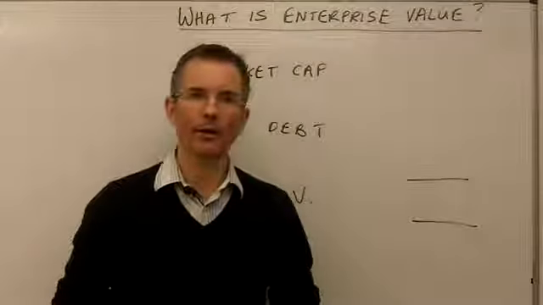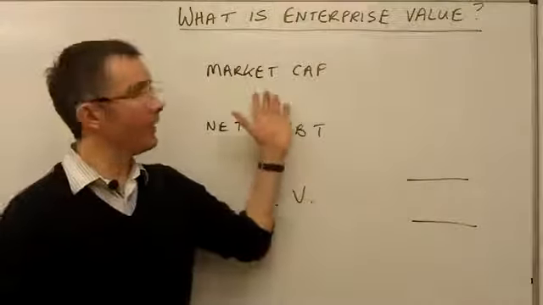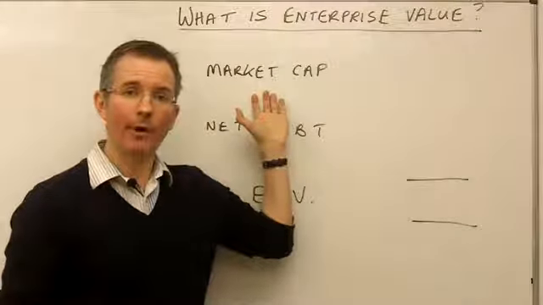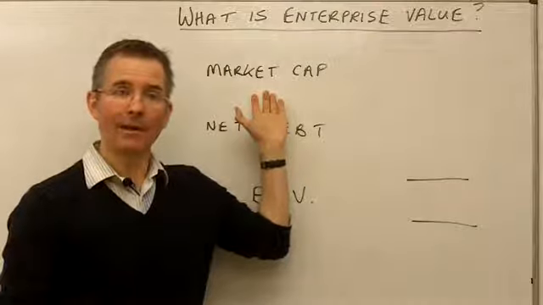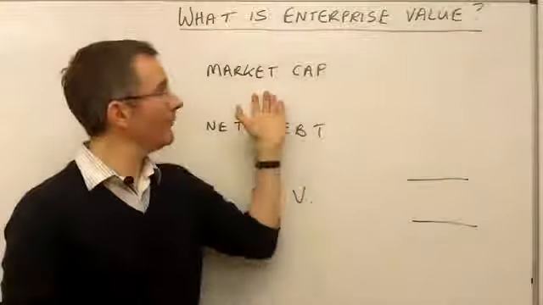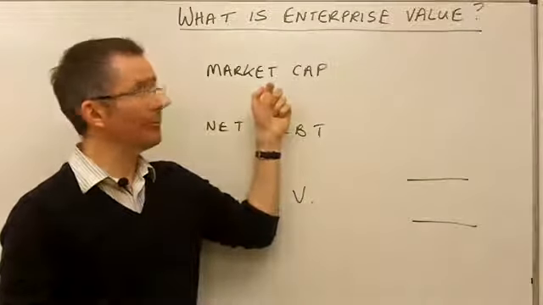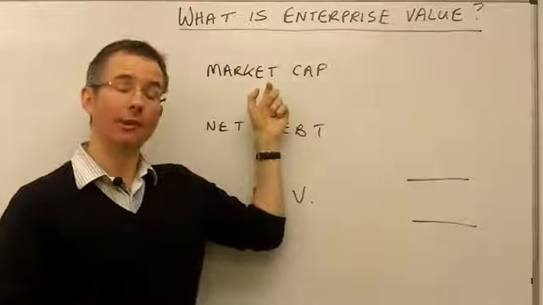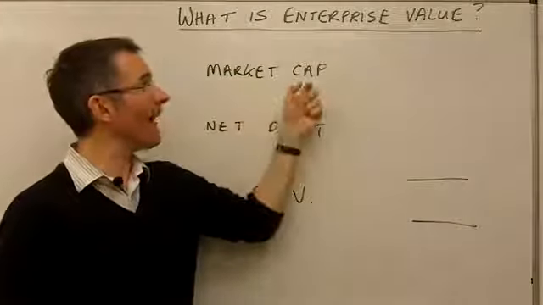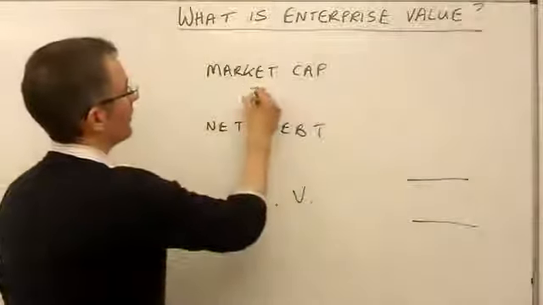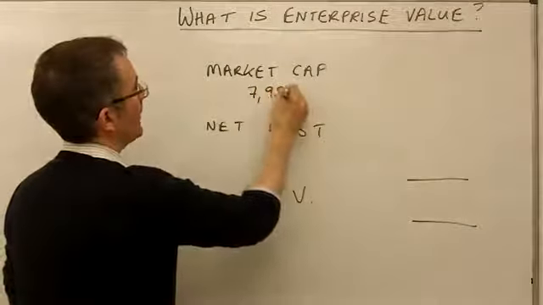So how does that work? Well, we could do this for, say, Tesco, the last time it reported a full set of 12-month results. That was February 2010, so the next full set is due out just after the new year. And we could say, right, what was Tesco's market capitalisation, say February 2010? It's obviously changed since then. But at February 2010, the number of shares in issue, in millions, was 7,985.